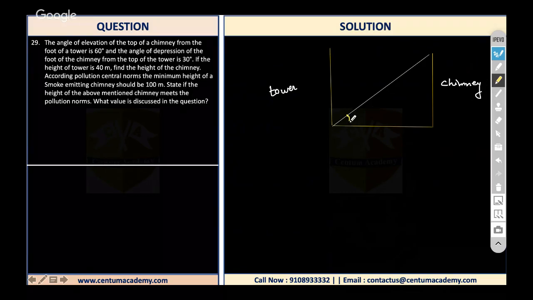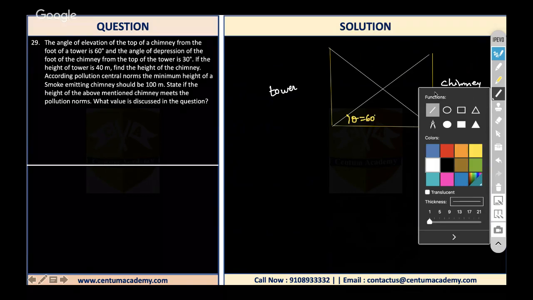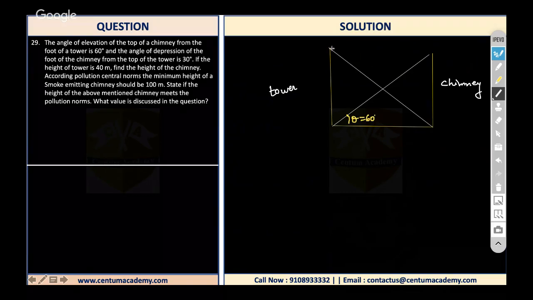So this theta is 60 degrees. And the angle of depression of the foot of the chimney from the top of a tower is 30 degrees. So this angle phi is equal to 30 degrees.